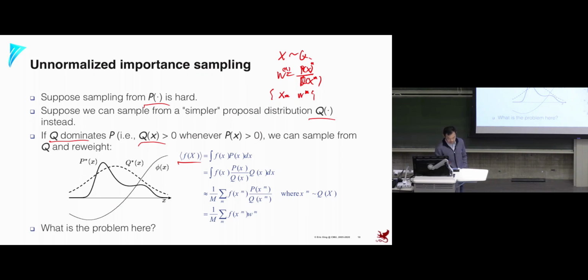Basically, if you want to approximate this integration with samples, what I do is plug in this Q upstairs and downstairs so that you can see this explicit form of the ratio. And this is basically the W, right?